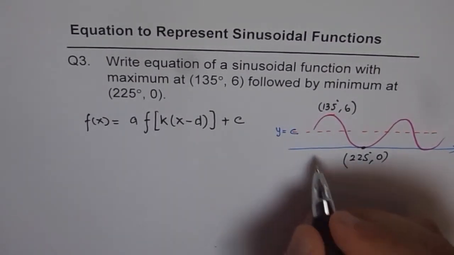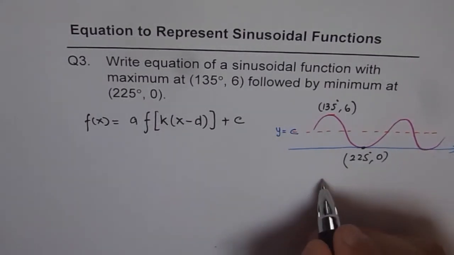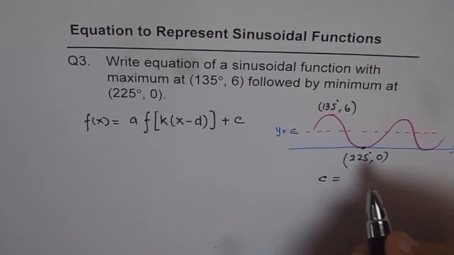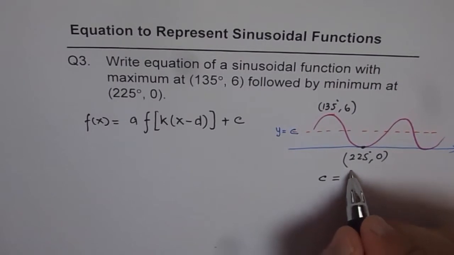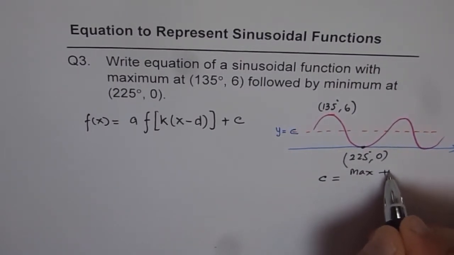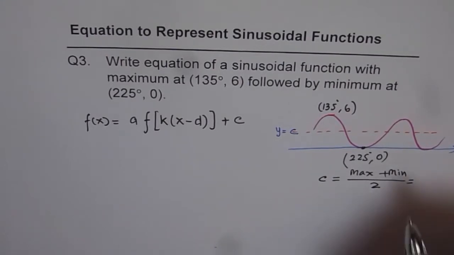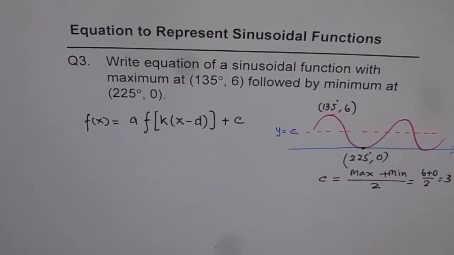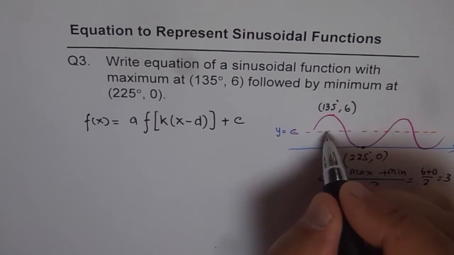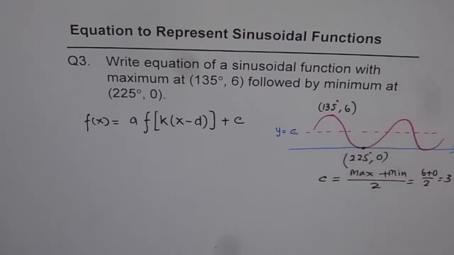We'll do all the calculations on the right side. So c equals the average value of maximum and minimum, so maximum plus minimum divided by 2, which gives us (6 + 0) / 2, and that is indeed 3. So now we know c is 3. If I know what c is, I can find the amplitude.